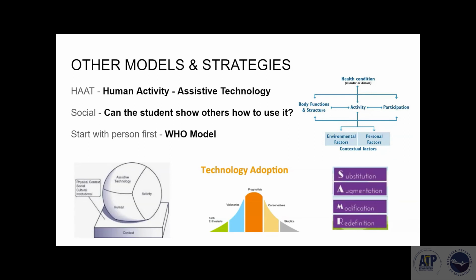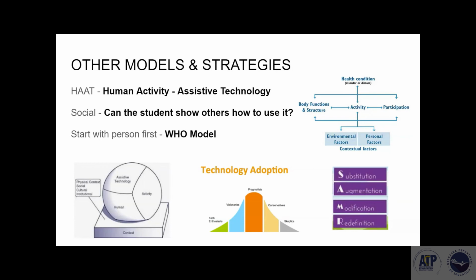Like there are built-in speech-to-text and text-to-speech tools within the majority of operating systems, such as Chrome or iOS or Microsoft. So you can have other students try it out. It might not necessarily be assistive technology for accommodation of a disability, but it might be a way that they find more engagement and get more out of lessons.